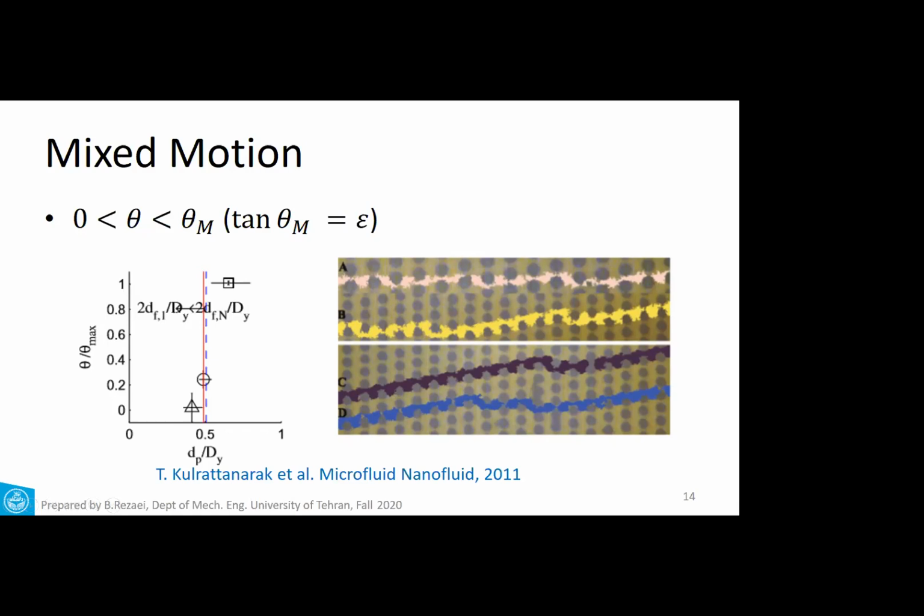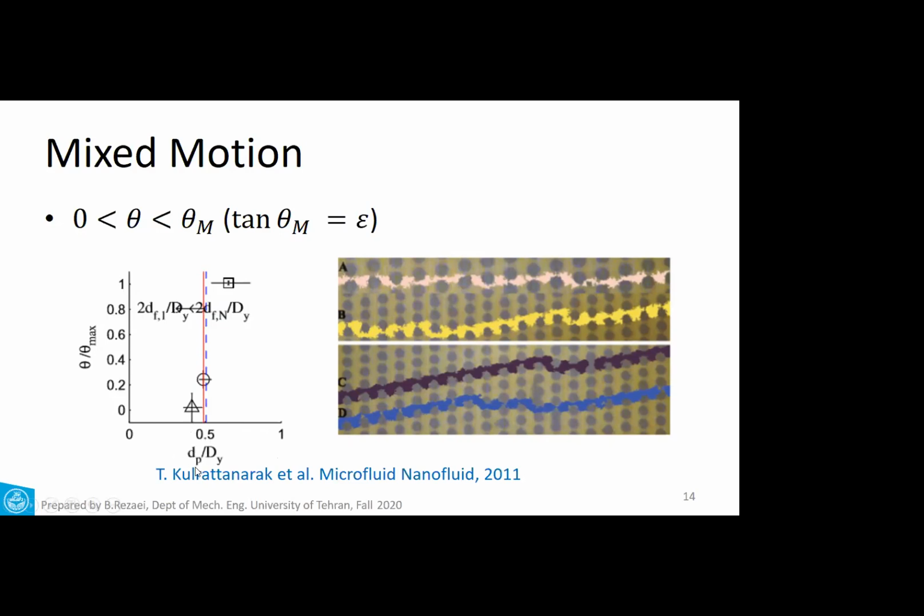So there is a mixed motion, and it is calculated and seen by the displacement angle. You can see in the left image that, for example, Mr. Tanarak, his name is hard, has done many experiments, and he has brought here three of them.